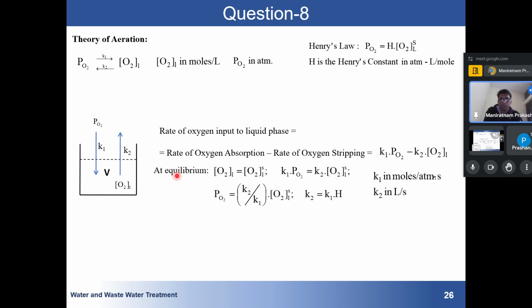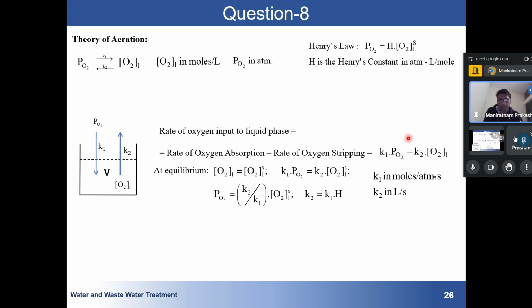If you are not able to understand it, no problem. It's very simple, there is no hi-fi science. You must have read about this simple thing in 12th class, but we are using that concept to derive how much oxygen is required in my system.